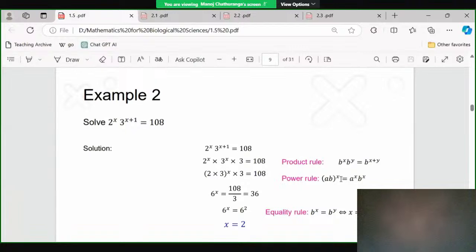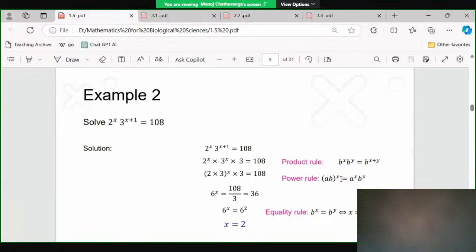So in the left hand side now we have 6 to the power x times 3 equals 108. Divide both sides by 3. So you get 6 to the power x equals 108 divided by 3, and 108 divided by 3 is 36.